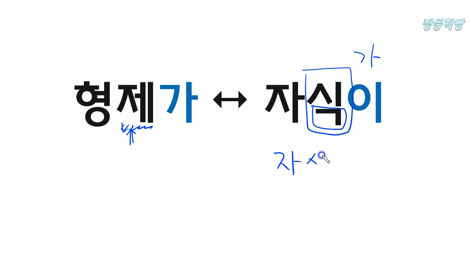Because if you say like this, there is a consonant and there is a consonant, then we feel uncomfortable. There is a chance for two consonants to conflict. So we don't say 자식 가.